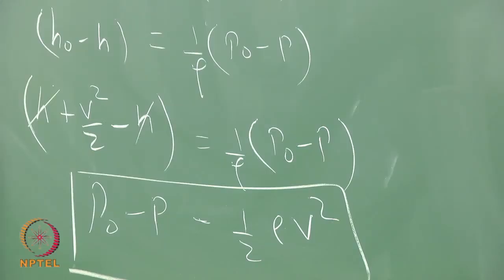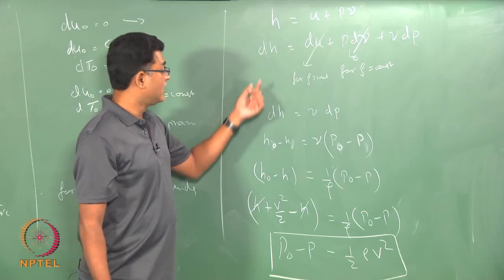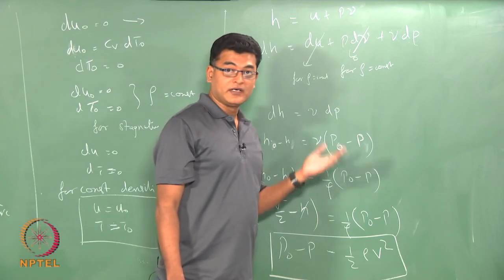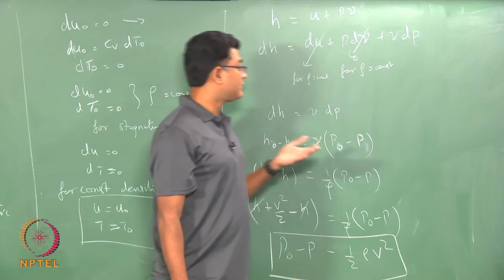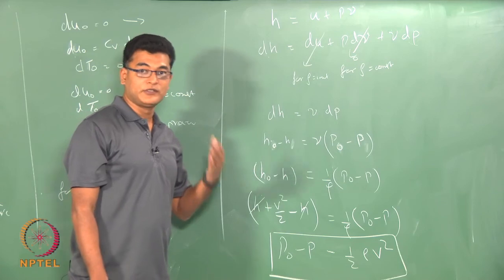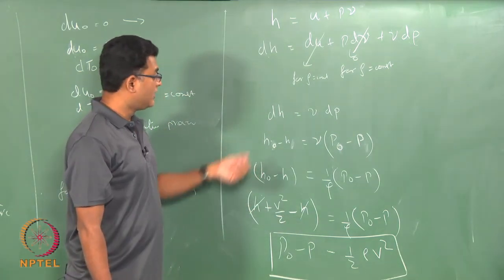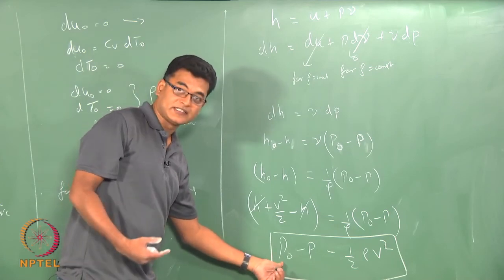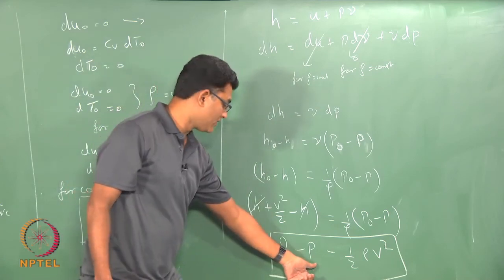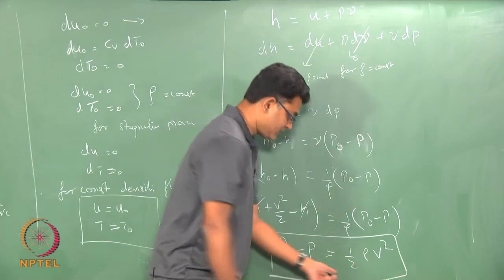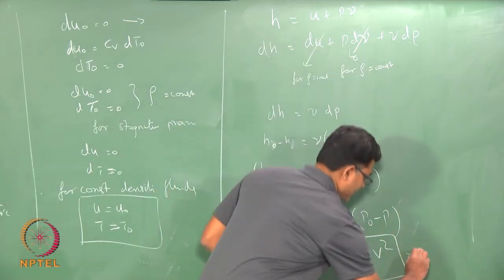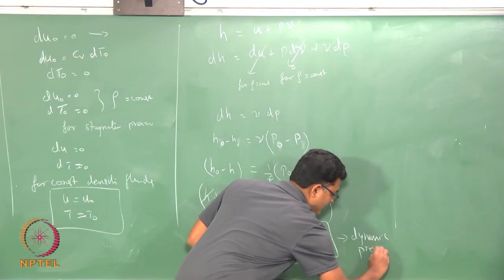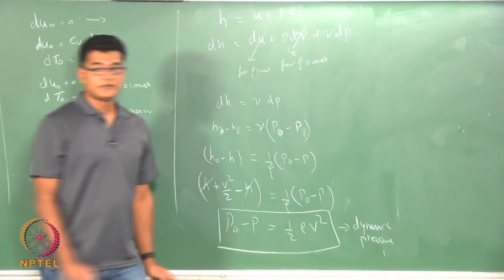So, a constant density fluid undergoing the stagnation process, a constant density fluid which has a velocity V is taken to a situation where the velocity is 0 isentropically with no heat and no shaft work, then this relation holds, where your P0, which is the stagnation pressure, minus your P, static pressure, is 1 by 2 rho V square, which is typically called the dynamic pressure for a constant density fluid.